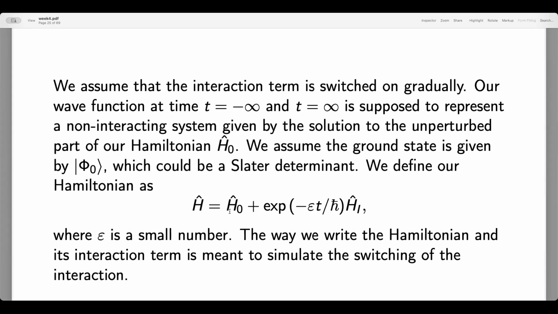So the type of operations you do is very much dependent on how this perturbation looks. One common way to treat it is to think of this as something which is switched on slowly, so that the system evolves from a given state governed by this H0 operator. And then after some time, it's switched off and the system returns back to its original state.